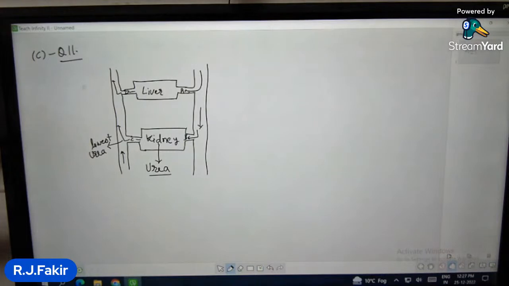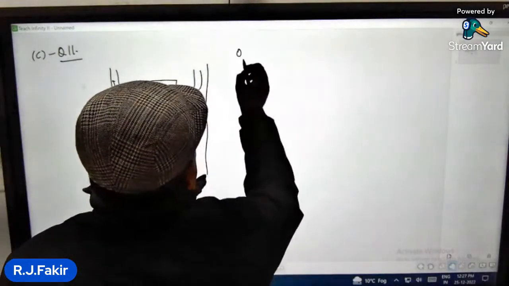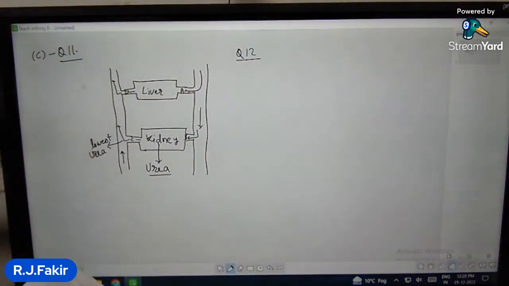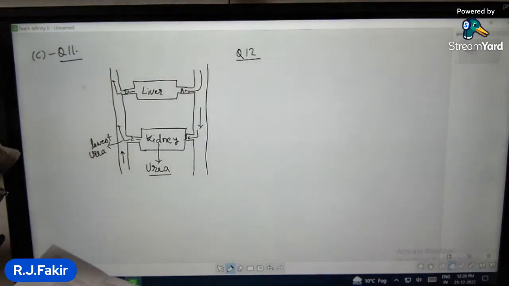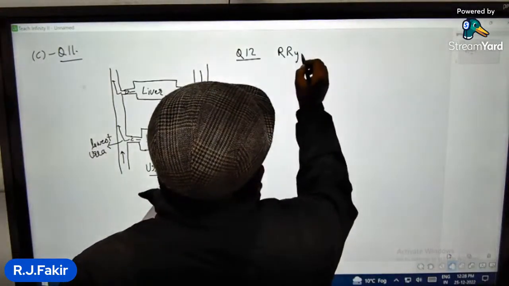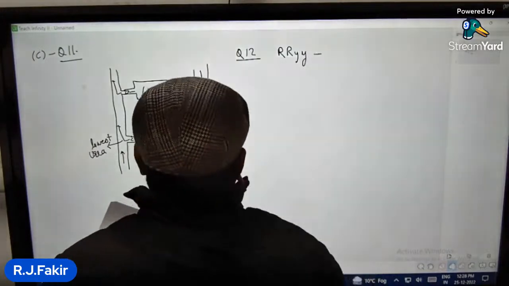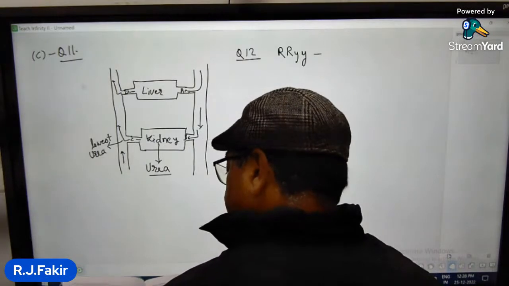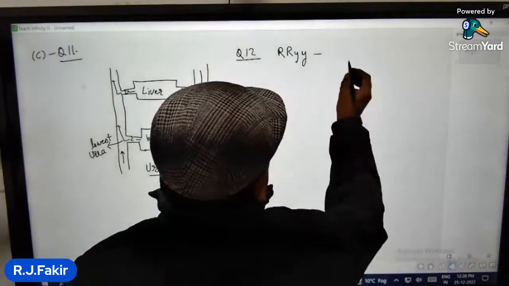Then you will get one question on the hereditary part. So question number 12. In this question you have two pea plants. One has round green seeds, that is capital R, small y, small y. These are round and green.